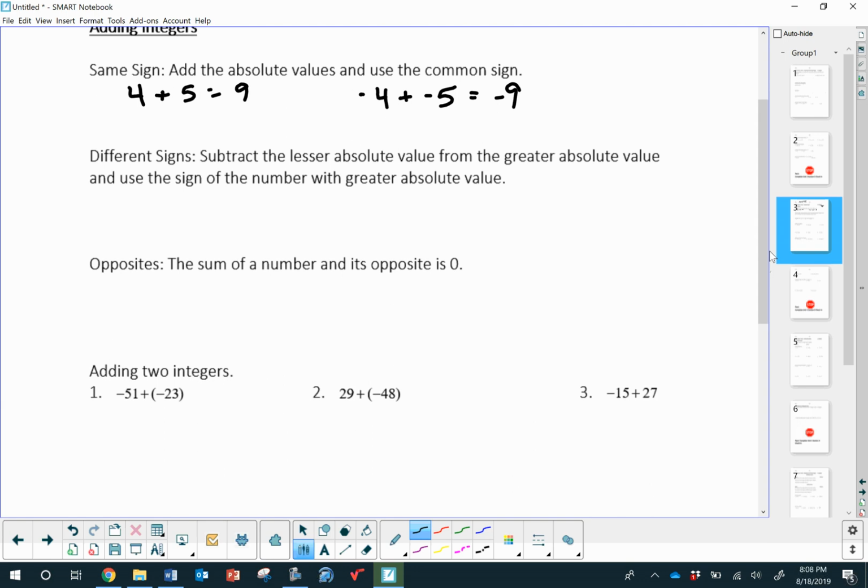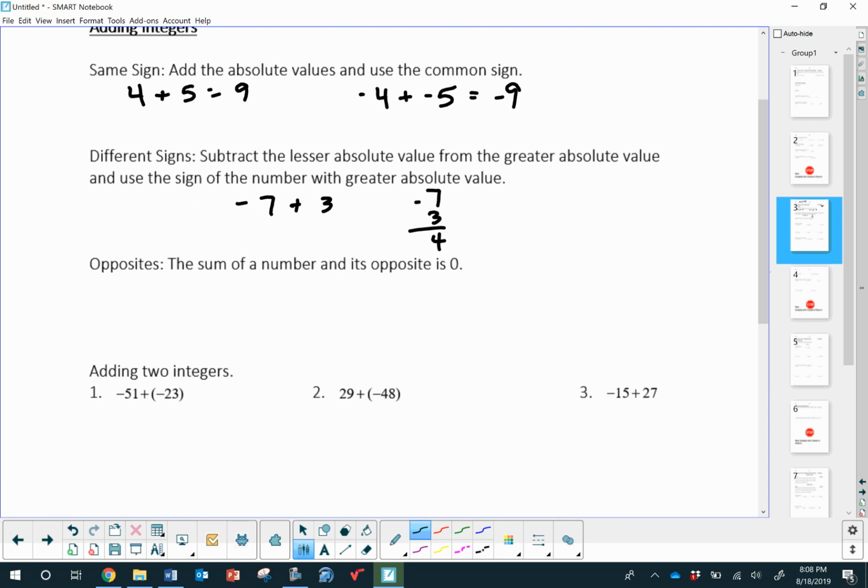If we have different signs, for example, negative 7 plus 3, what we're going to do is subtract the lesser absolute value from the greater absolute value. 3 has a lesser absolute value than 7, so we're just going to say 7 minus 3, and we're going to get 4.